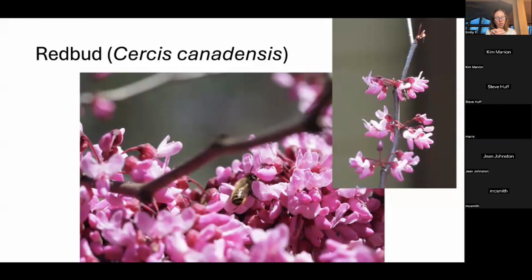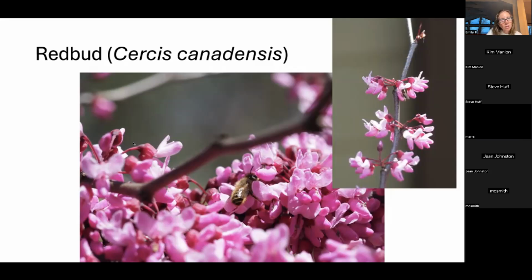And what happens is the insect lands on the keel, which weighs it down, and out pops the male and female parts of the flower to rub pollen on their underside, and then go to the next flower, and that pollen gets transferred to the stigma of the next flower. Very cool. And I was circling the redbud around my house the other day, trying to get some pollinators in that, and it was lots of fun, but took me a lot of time.